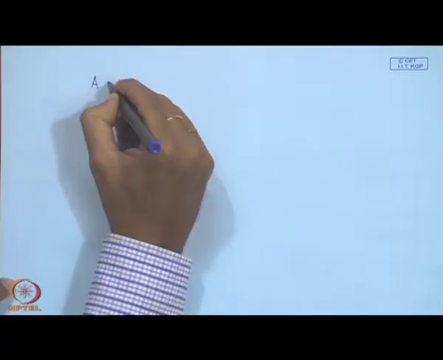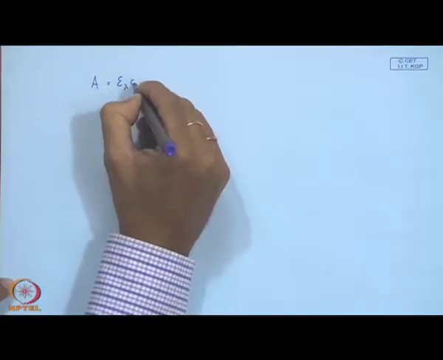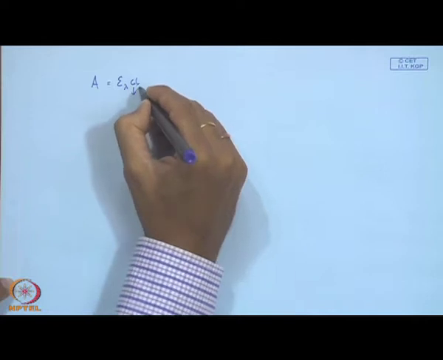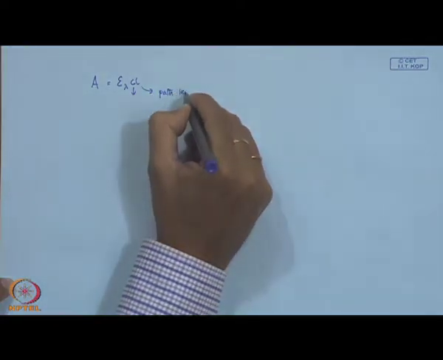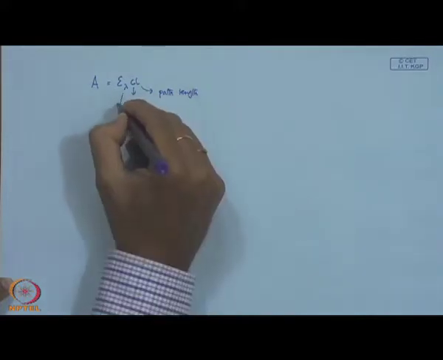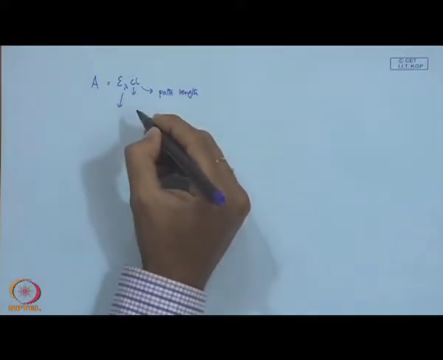So, Beer's law is basically A equals epsilon lambda C l, where C is the concentration, l is the path length, and epsilon lambda is a characteristic constant of the molecule.